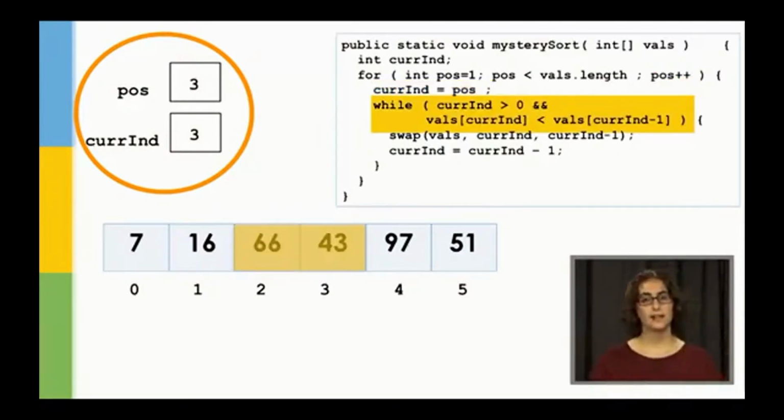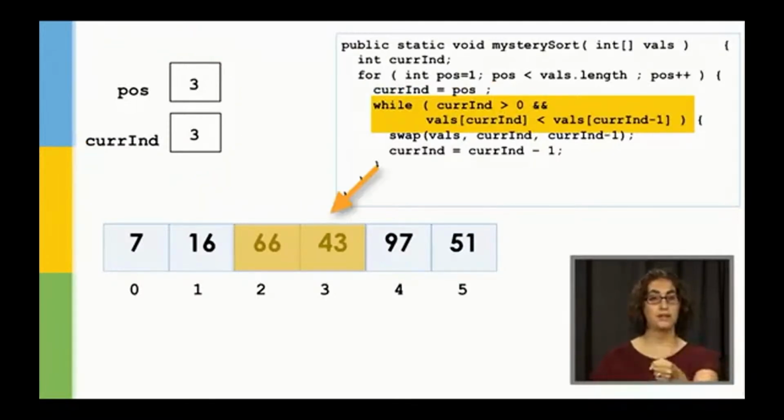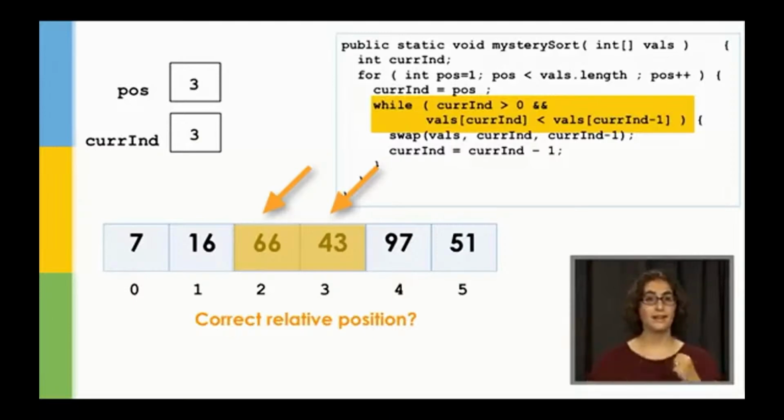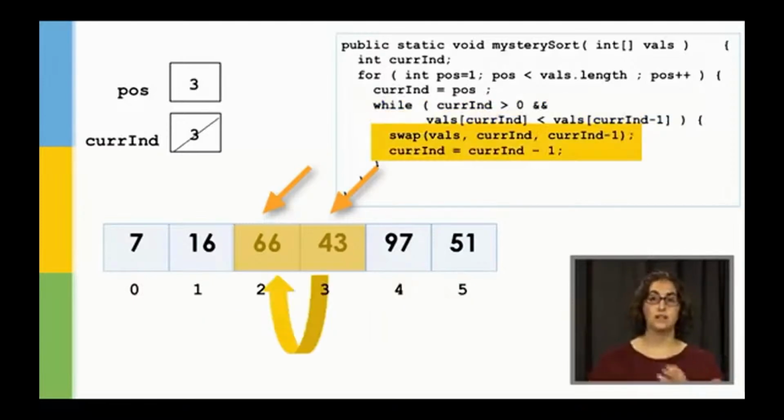And now we check whether the array element at position 3, which is 43, is less than the array element at position 2, which is 66. And it is. So 43 is less than 66, which means that these two array elements are out of order. They need to be swapped in order to be in the correct location relative to one another. And so that's what's happening in the body of the while loop. We're swapping these two positions.